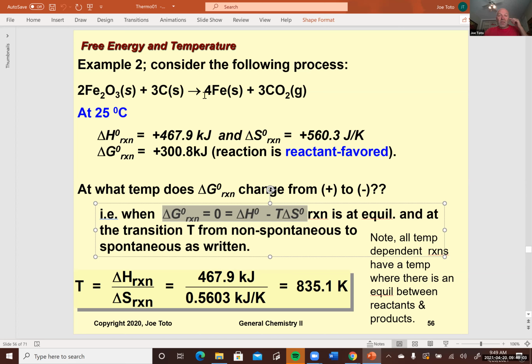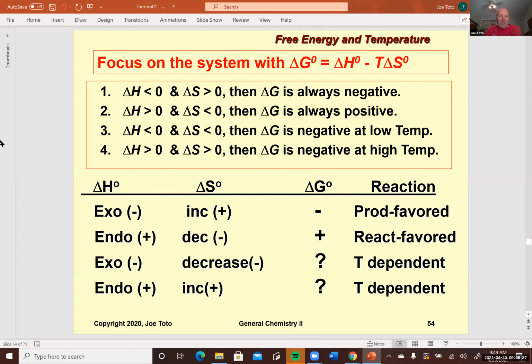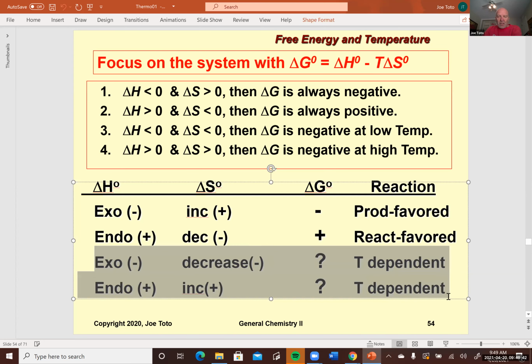And since this is one of those cases where the spontaneity of the reaction is temperature dependent, we can find that tipping point temperature and then say something like any temperature above that will make this reaction spontaneous, or make it non-spontaneous and spontaneous in the opposite direction.